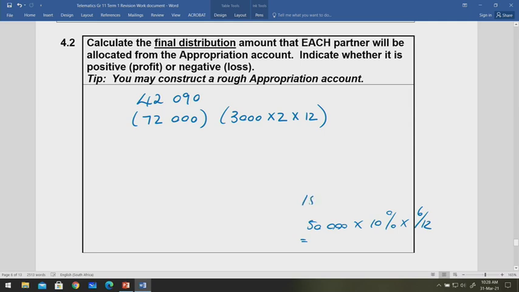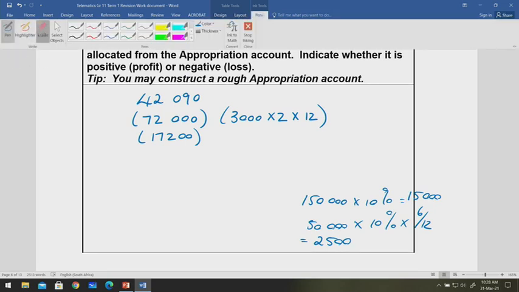So at the beginning, it should have been 150,000 times 10%. That will give you 15,000, and this will give you 2,500. So Terry's interest on his capital, 17,500. Not 200, 17,500.